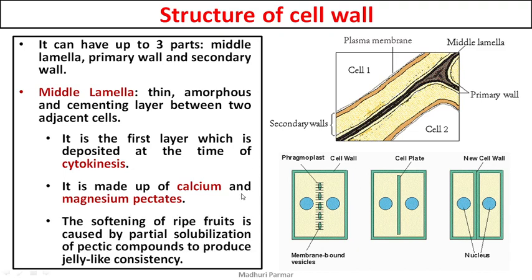Right, now one more thing. The softening of ripe fruits is caused by partial solubilization of pectic compounds to produce a jelly-like consistency. Think of a raw mango. How hard is it? It is very hard, right? You have to literally chew on it. Then it is very sour.